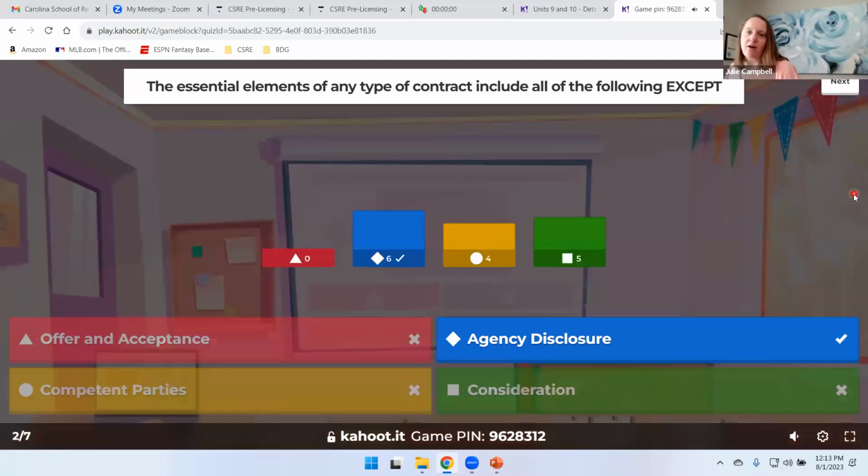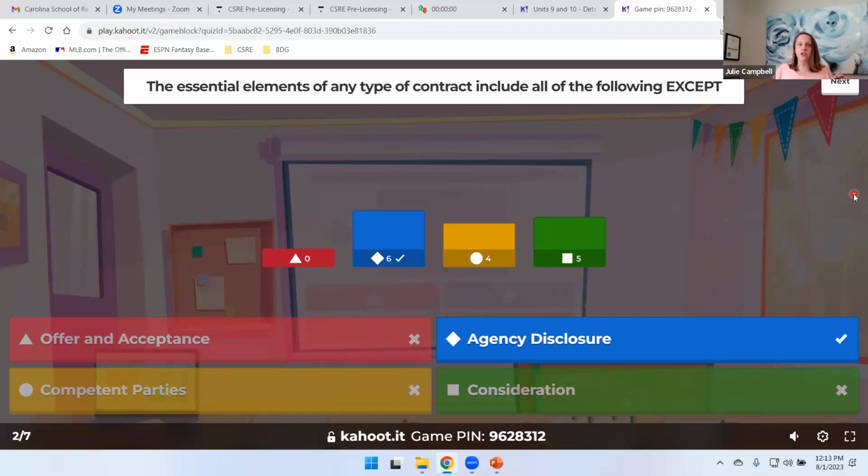Essential elements of any type of contract include all the following except agency disclosure. It is not an essential element. Remember, essential elements are those required ingredients that the judge is looking for to determine the validity of the contract.